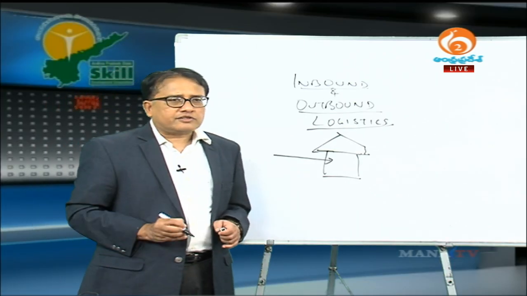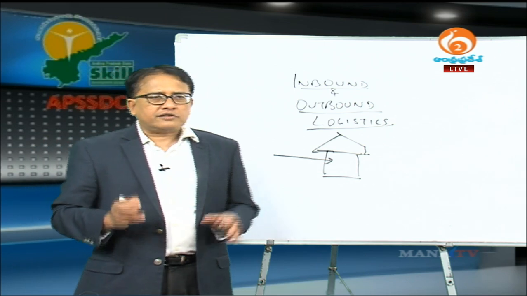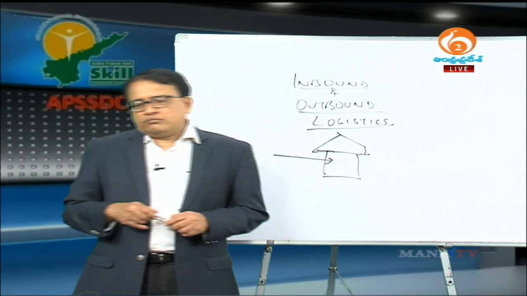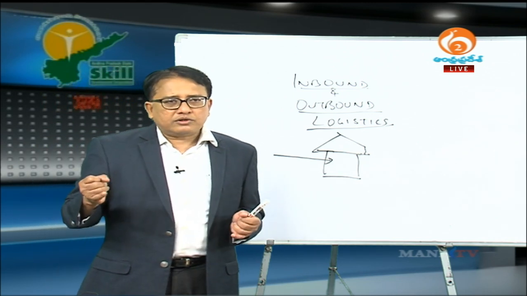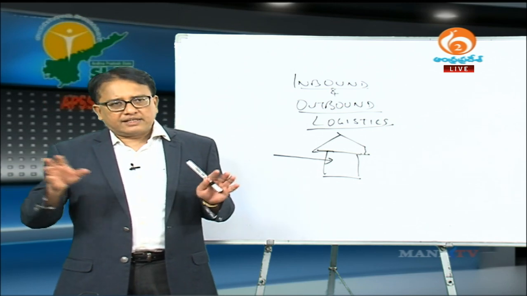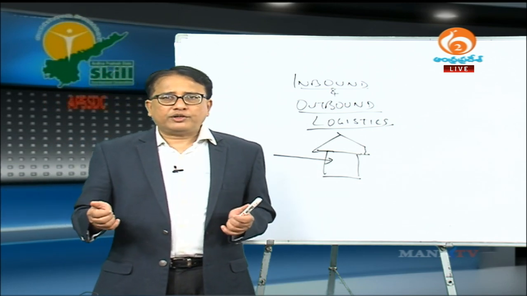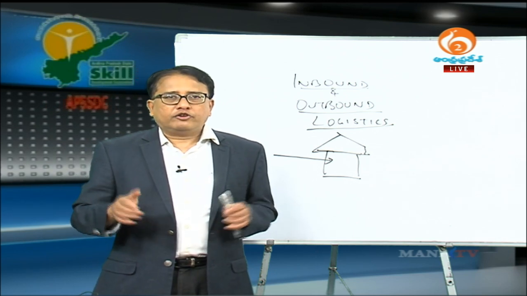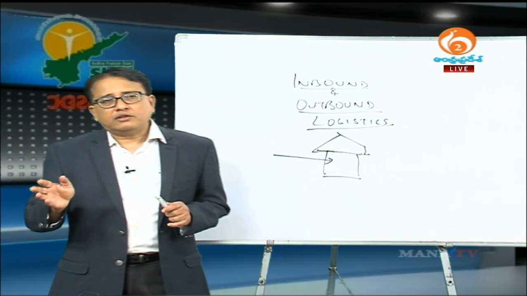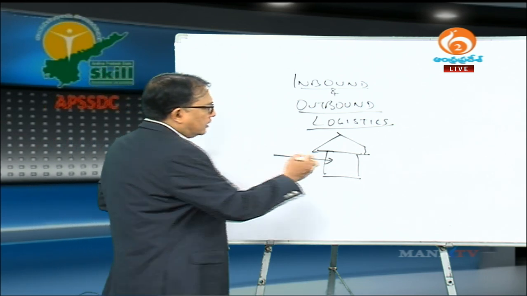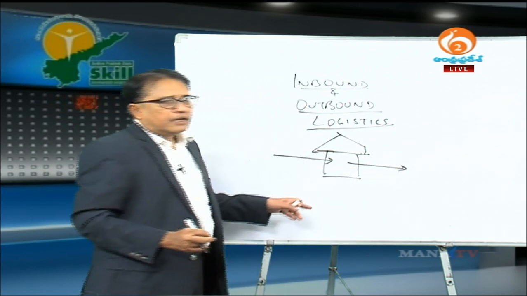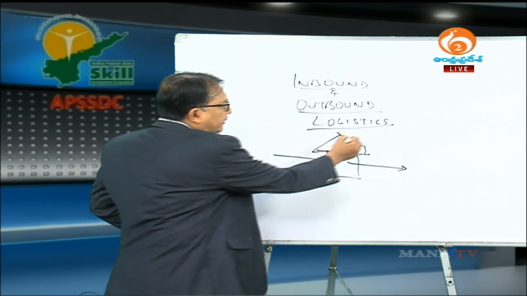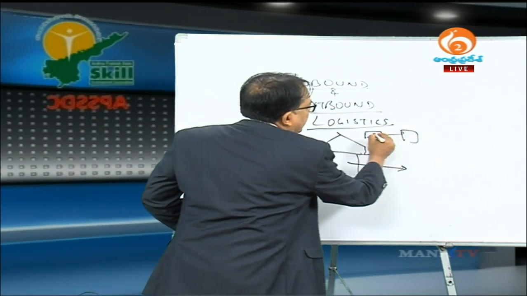So, by logistics system, if you remember, we mentioned logistics system comprises facilities which function as a warehouse, a manufacturing unit, an assembly, a distribution point or a transshipment point, or for transportation, for sorting, for purchase, for consumption. So, a particular organization can be a supplier, it can be a manufacturer.